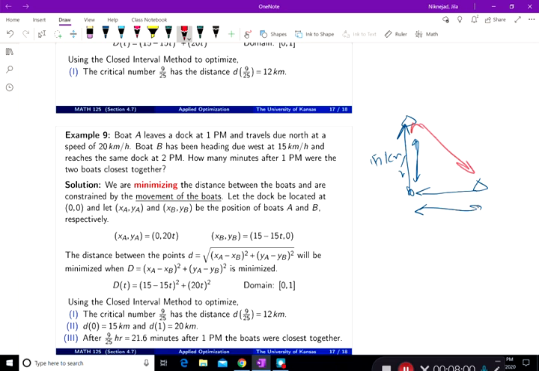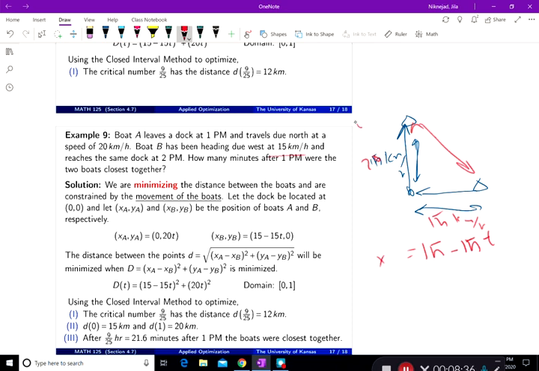The one that was heading due west at 15 km per hour. I'm sorry, this one was 20, the other one was 15 km per hour. Basically 1 hour before 1 p.m. this was 15 kilometers away, so it starts from 15 kilometers, and at 15 km per hour the distance is decreasing, so that's x.